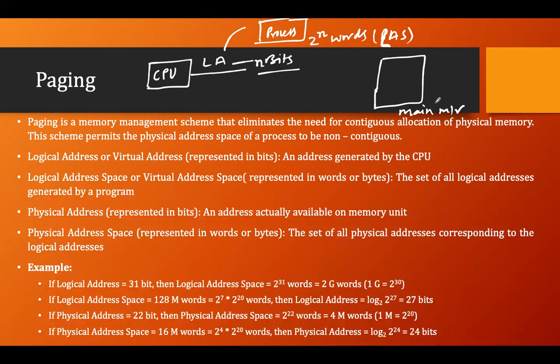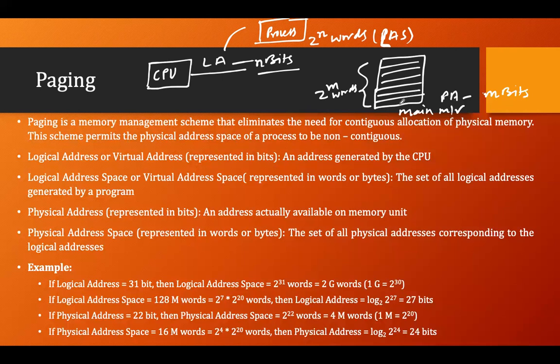The main memory works on the physical address, and the physical address is also in some sort of bits. Let's assume that there are m bits to represent the physical address. So the physical address space will be 2 to the power of m words, that is called the physical address space.